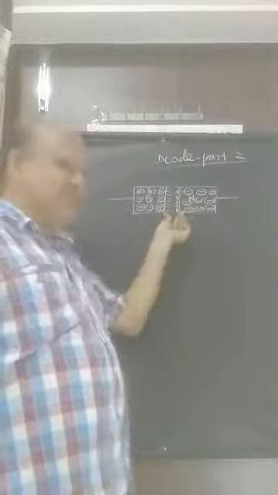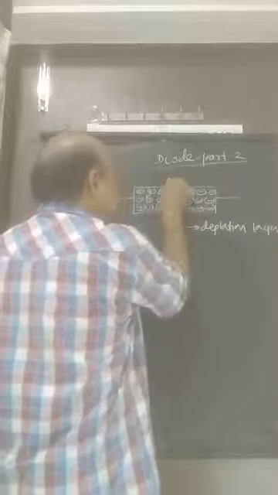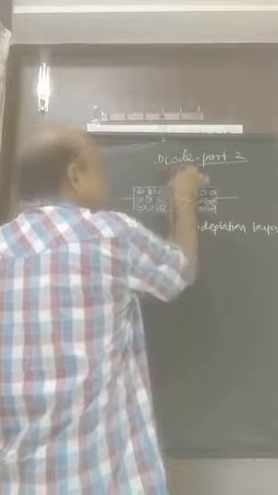So at the junction this layer will be formed, and this layer is called the depletion layer. This is the depletion width.